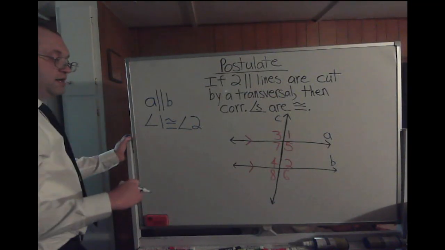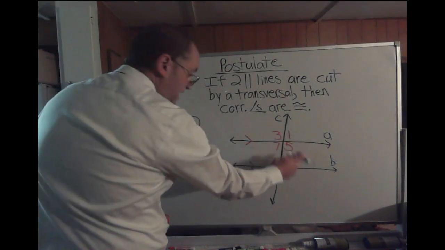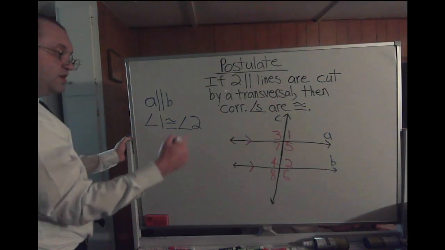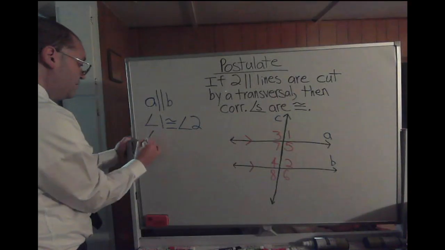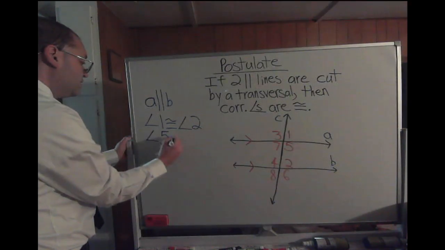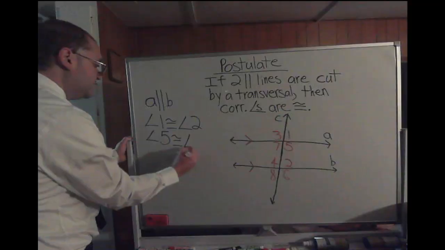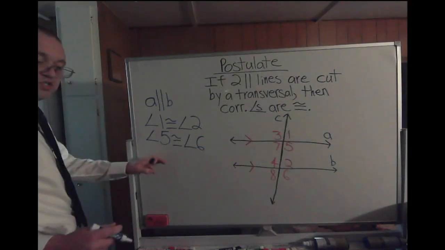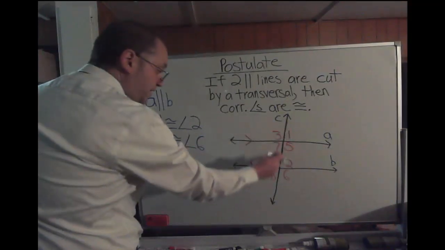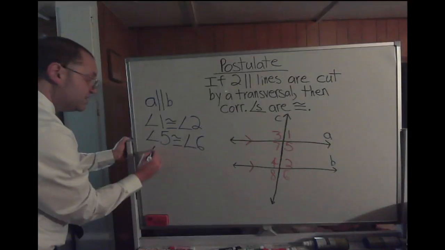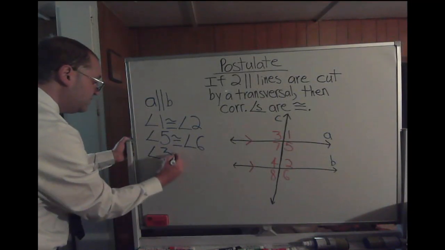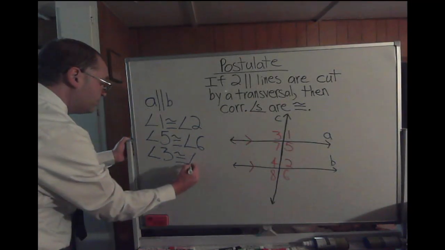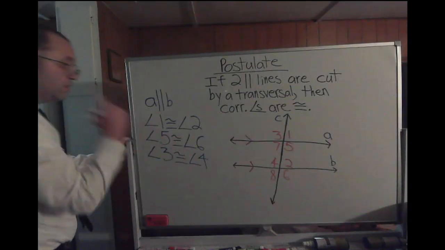What other corresponding angles do we have? 5 and 6, they're in the same position on each of the two lines, so angle 5 would also be congruent to angle 6. What other ones do we got? Angle 3 and angle 4, they're in the same position on each of the lines, they're corresponding, so angle 3 is congruent to angle 4.